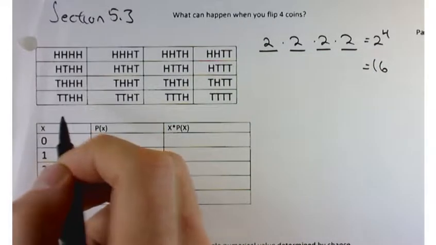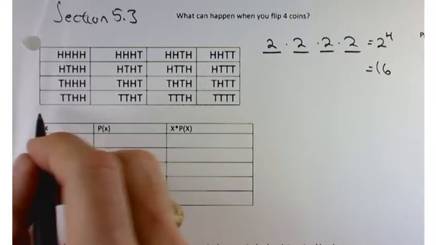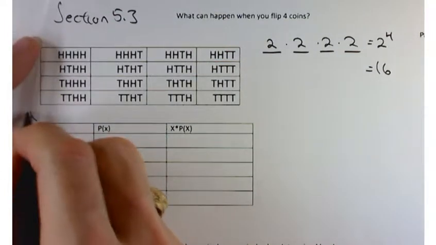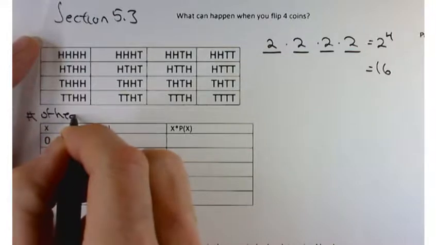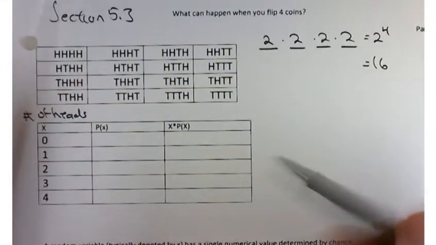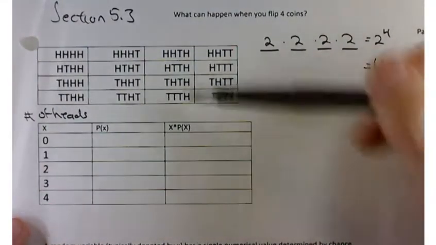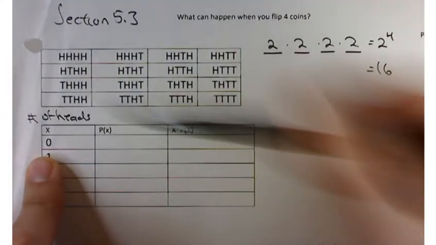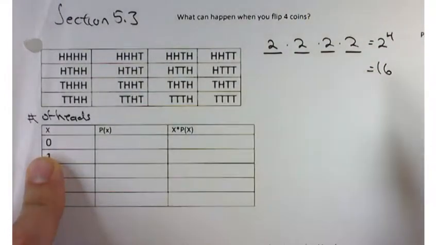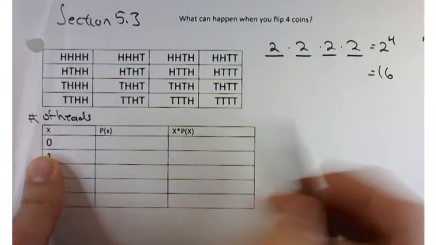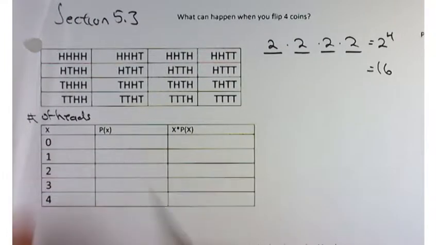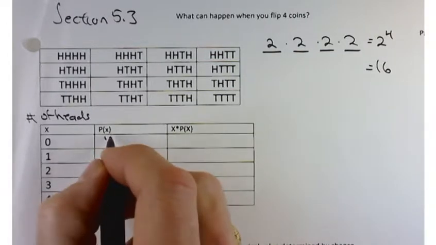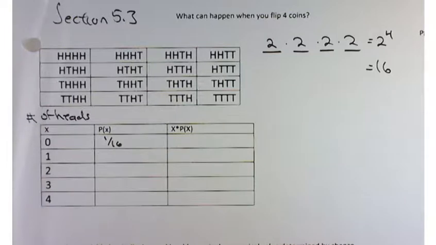If we're talking about the number of heads, how many ways are there to get 0 heads of all these 16 things that can happen in our sample space? 1. So there's only 1 out of 16. So 1 in 16 chance you're not going to get any heads.